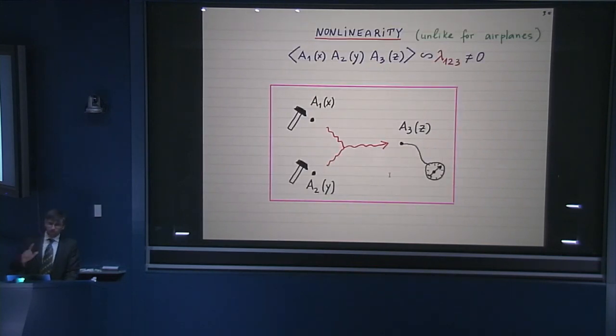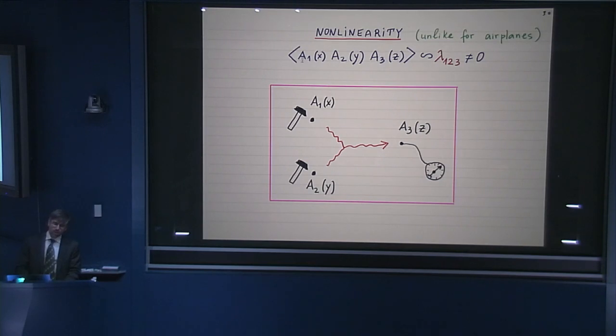But now, what's not like for the airplanes is a very important nonlinearity effect. So fluctuations of the airplane, for all practical purposes, are linear. You can do linear theory for them, but here not. And this nonlinearity is expressed through the existence of three-point correlation functions.